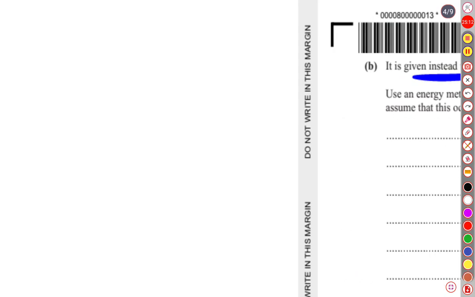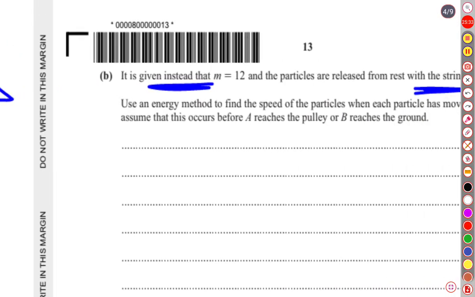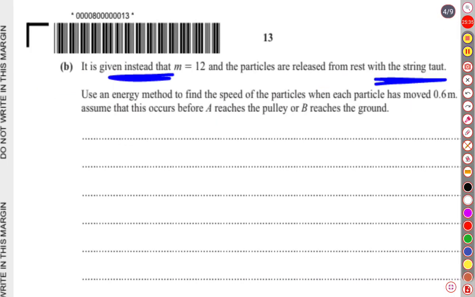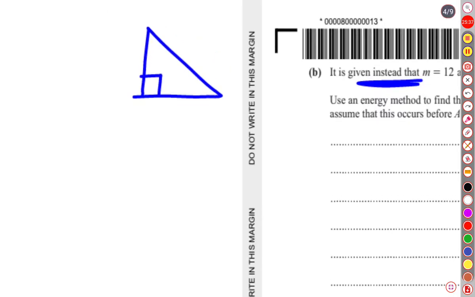Suppose the particle A is over here. So this is for particle A. It moved 0.6 meter. Look at this, it is written here. 0.6 meter is the length it traveled. So this is our 0.6 meters.